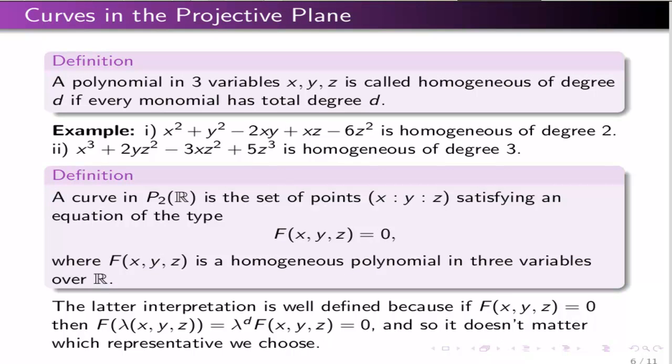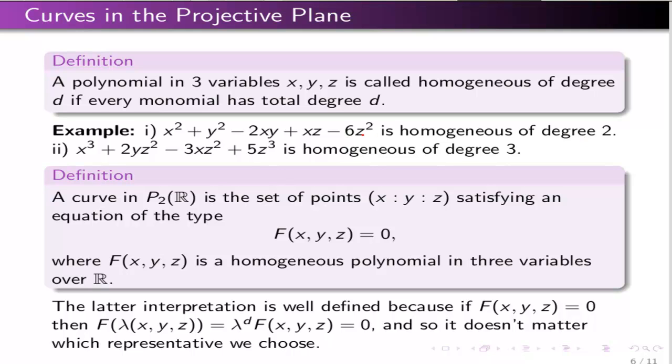Now, to define a curve on the projective plane, we have to start with a homogeneous polynomial. So what do I mean by that? So a polynomial in 3 variables, x, y, and z, is called homogeneous of degree d if every monomial has total degree d. So in the first example, every monomial has total degree 2, so this would be homogeneous of degree 2.